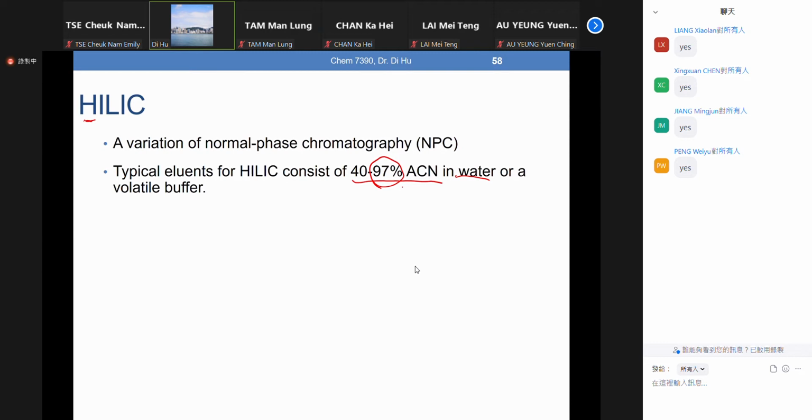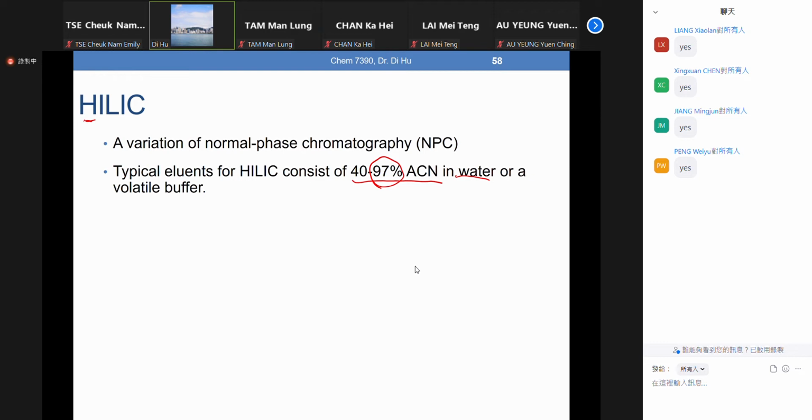But keep in mind that at least 3% of water is needed, so ACN should not be more than 97%, because the hydrophilic stationary phase has to contain at least 3% water to maintain its hydration.